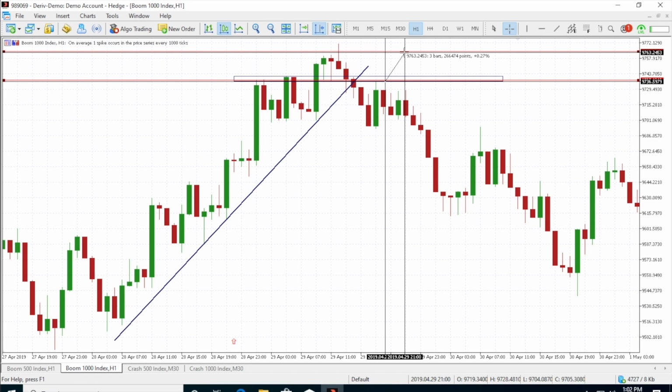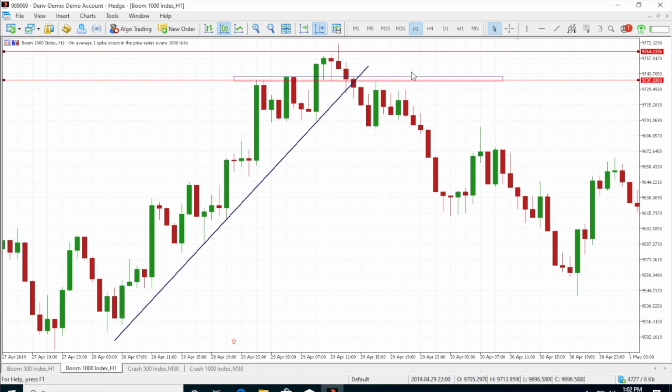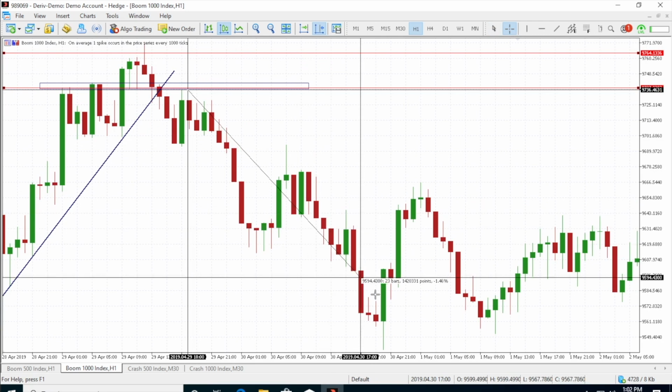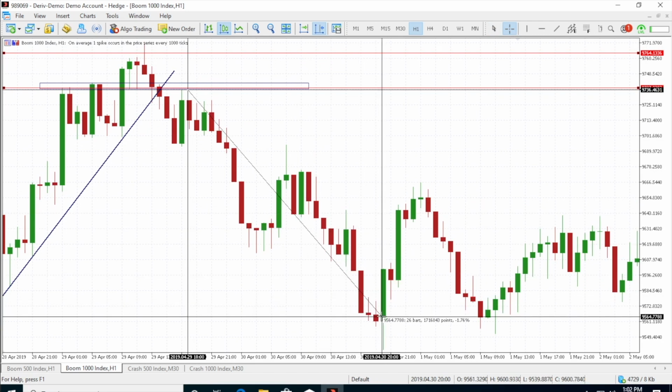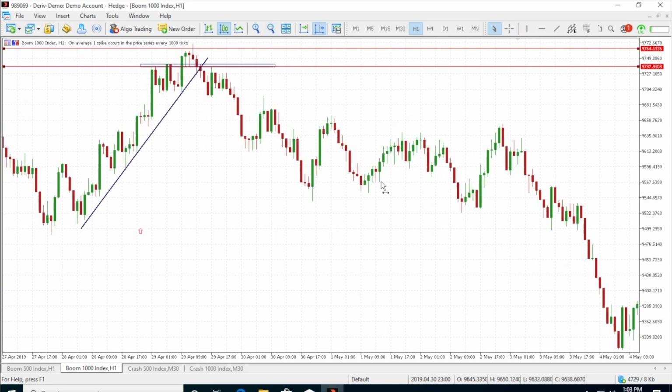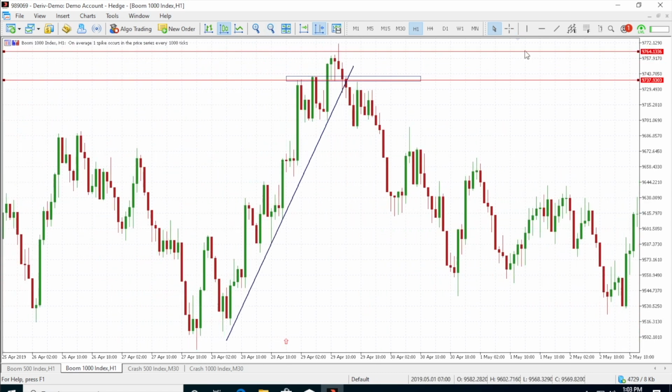Manage your account, calculate the win, calculate the reward, then put your sell limit here and your stop loss here. Boom, the market crashed from your entry down here. This will be about $171. If you zoom out, you can of course manage when to exit and when to take your profit.